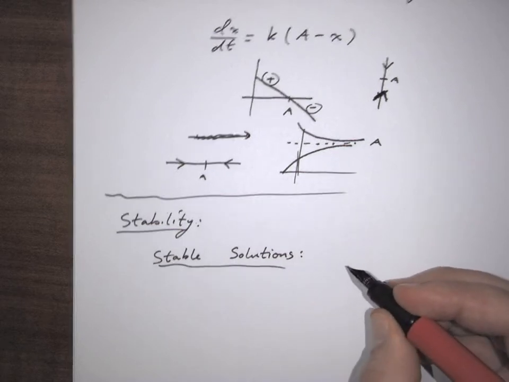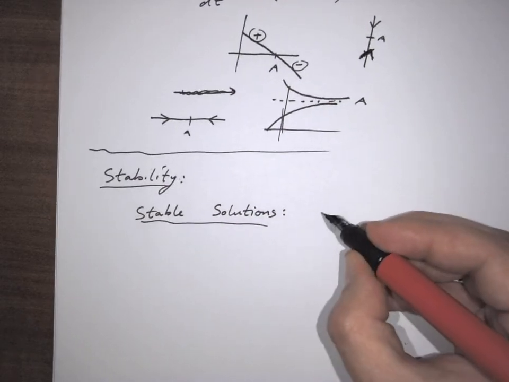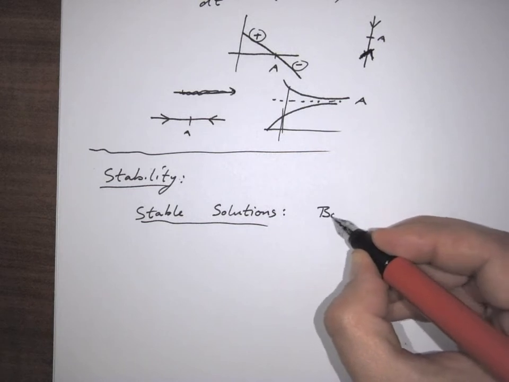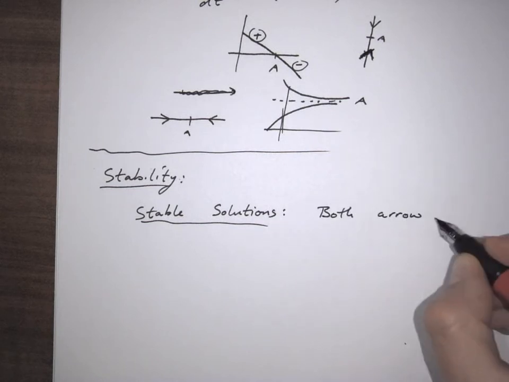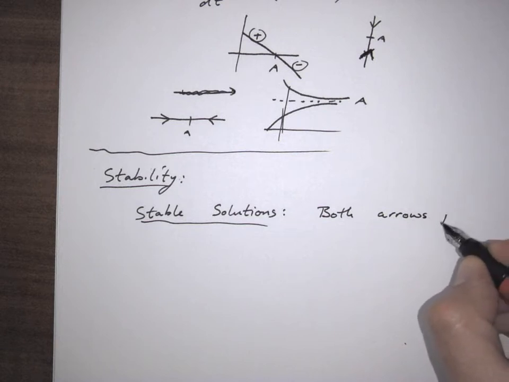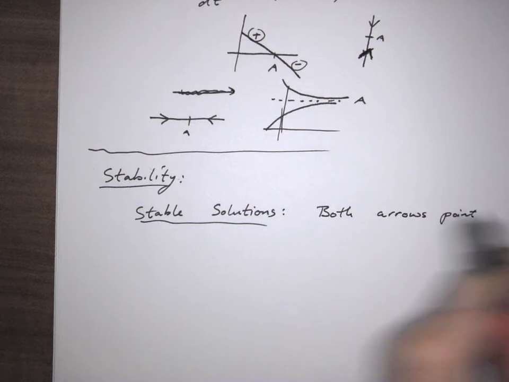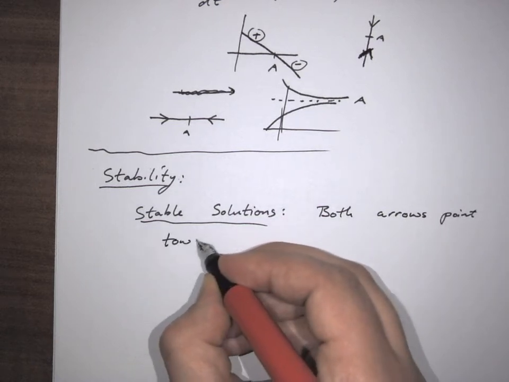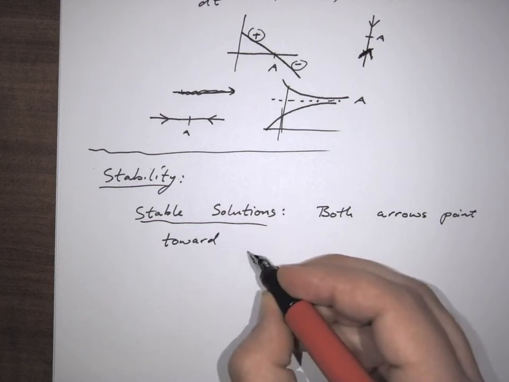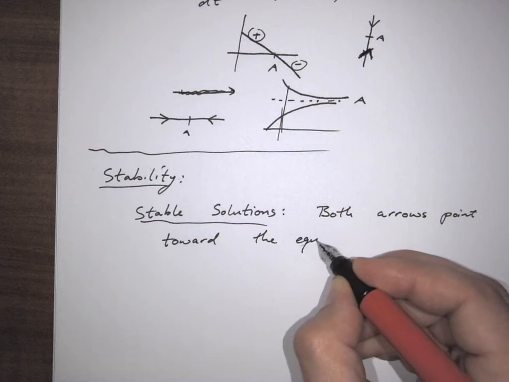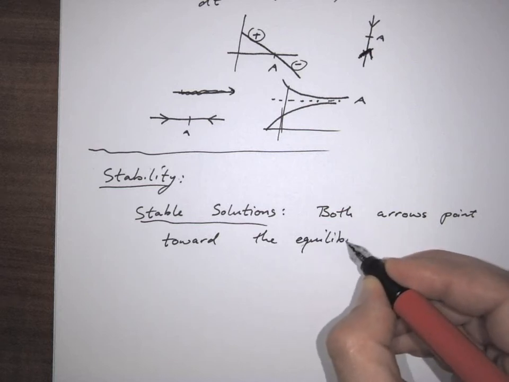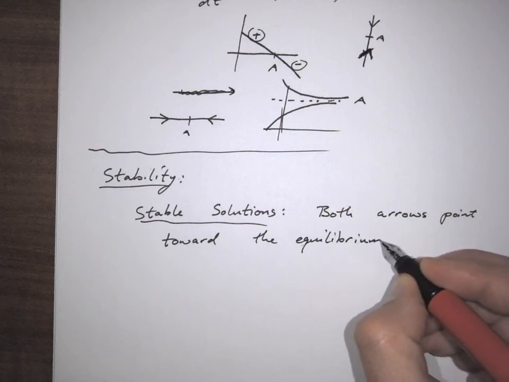And these are where both arrows point toward the equilibrium.